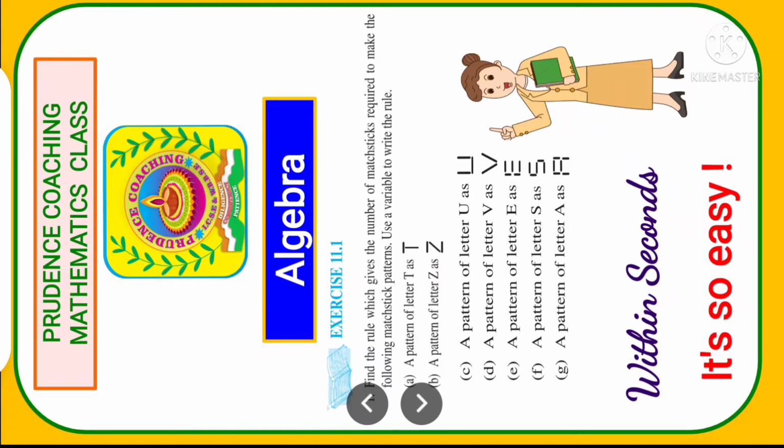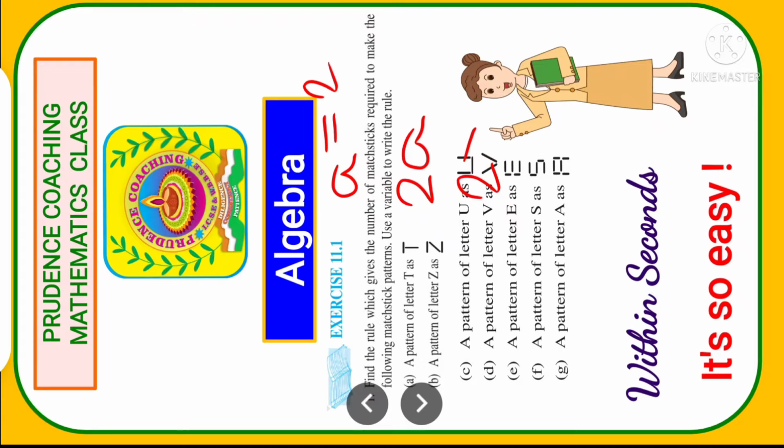So I think you know what is the meaning of a variable and a constant. A constant value, for example 2. If I say 2, that means it is 2. But in case I say the value is 2a, here we have the variable a. That means a can take any value. We can say a is equal to 2, so you will get 2 into 2, this value will be 4.